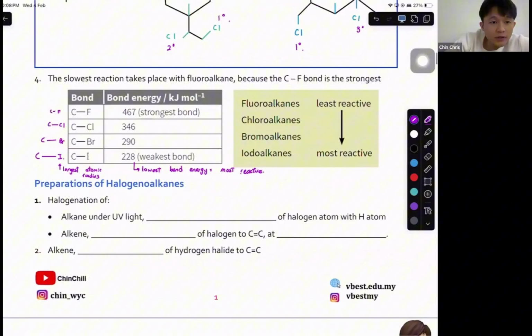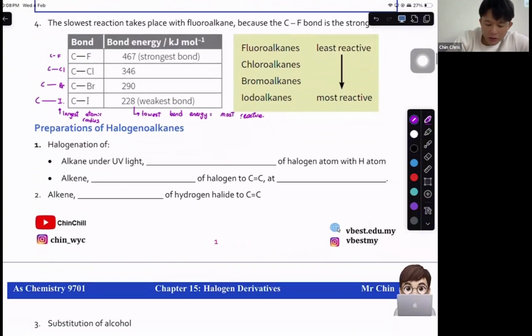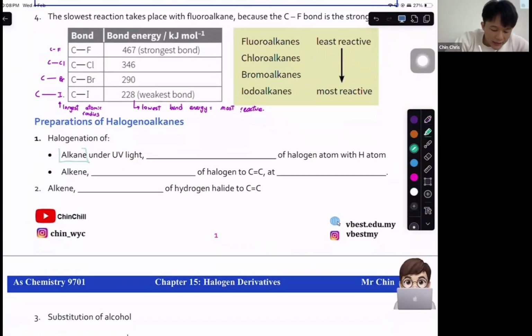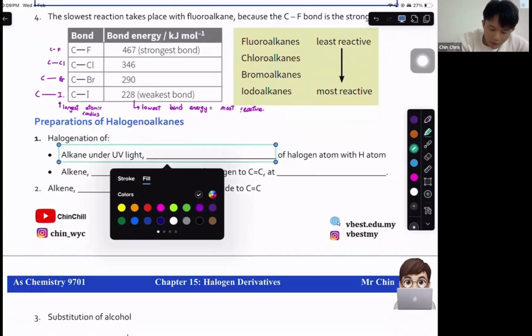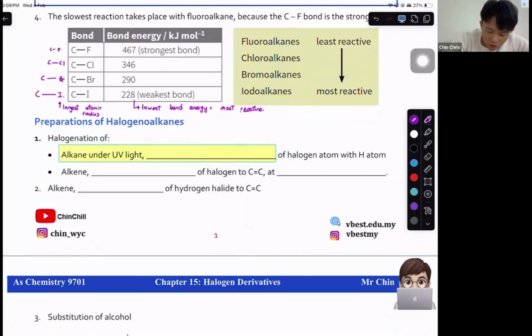Alright guys, next, let's look at how to get the halogenoalkane. We can get it from alkane under UV light. So if we take alkane under UV light, the reaction is free radical substitution.